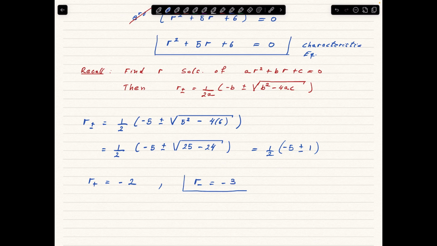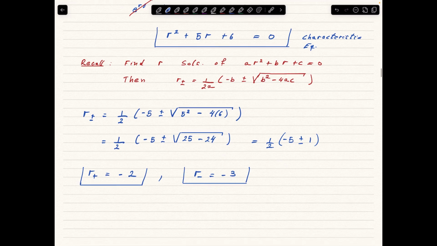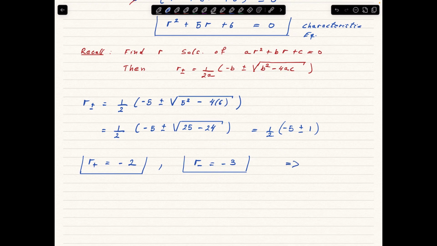So we actually found two exponents that when we put these exponents in the exponentials, we are going to get solutions. So we found two solutions. The solution that we can call y plus, which is exponential of negative 2t, and then the solution that we can call y minus, which is exponential of negative 3t.